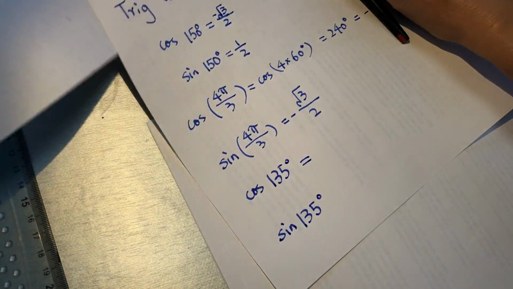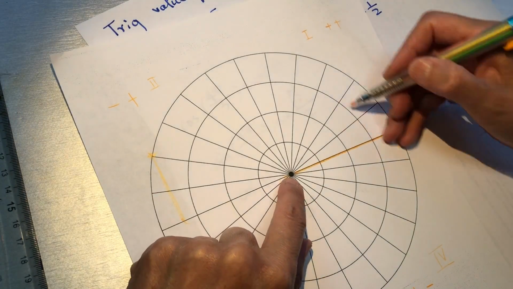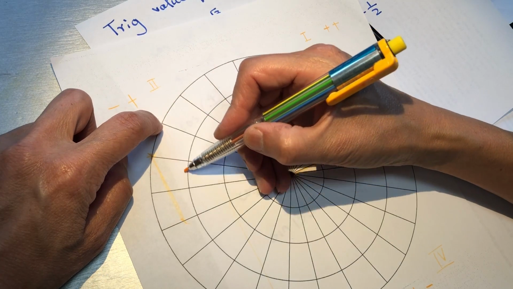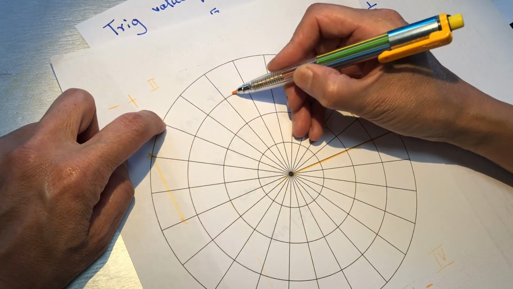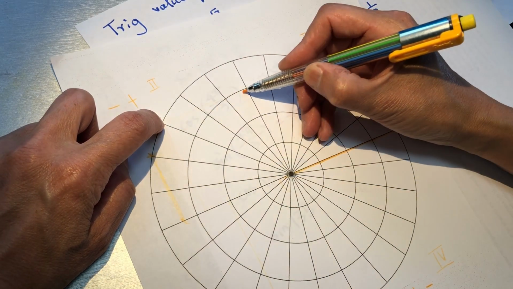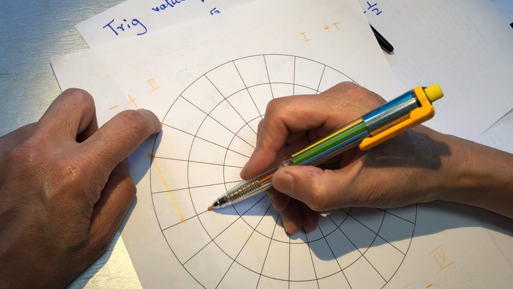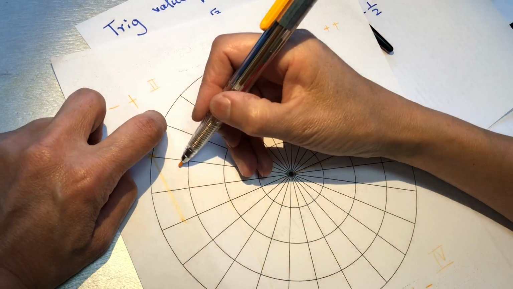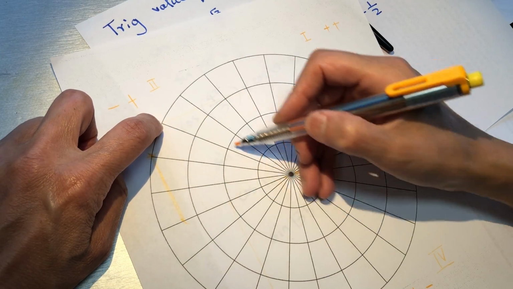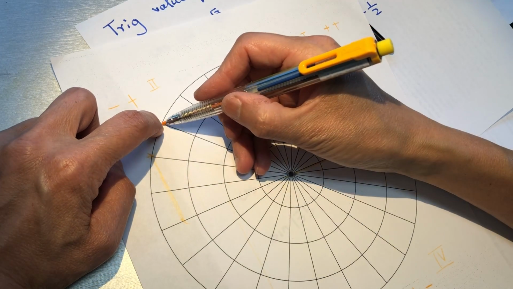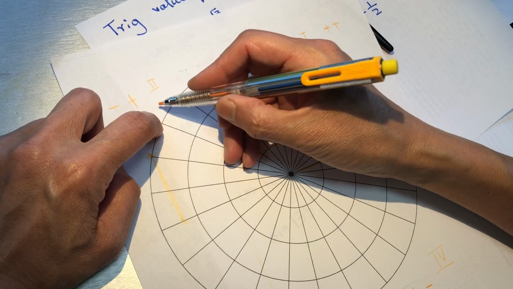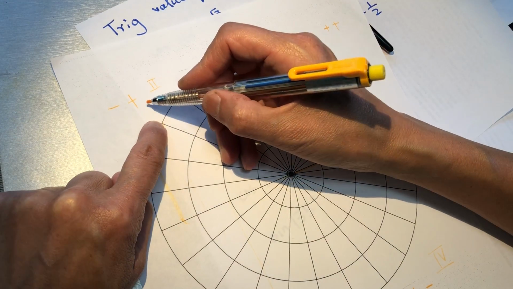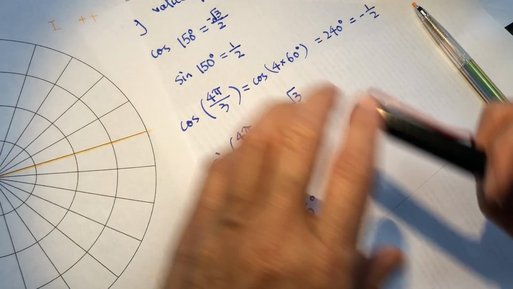Come back to here. 90, 135. 135 is an isosceles right triangle, right? These two lines are the same, so this is 45 degrees, both 45 degrees. And the x value and y value are the same. Now we know it's all root 2 over 2.